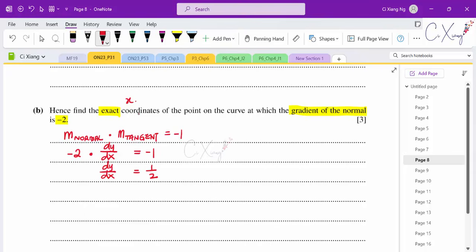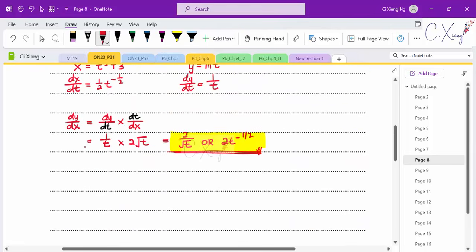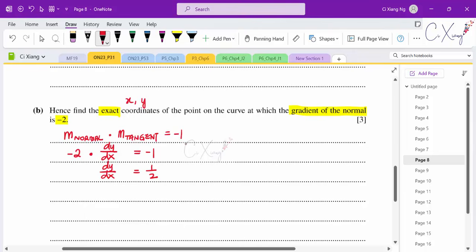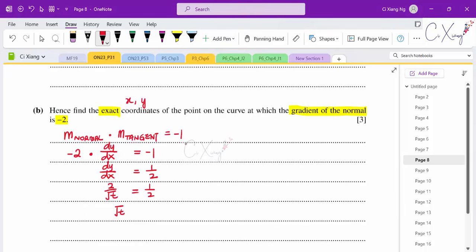Coordinate means x and also y. So to get x and y, you substitute dy/dx first into your equation here. Your dy/dx just now is 2 over square root t, right? So 2 over square root t equals half, and therefore the square root of t equals 4. Then from there, you'll get t equals 16.